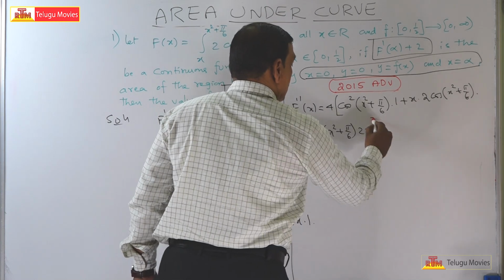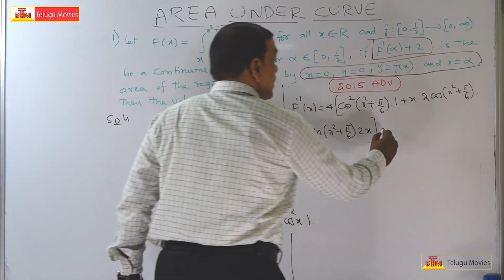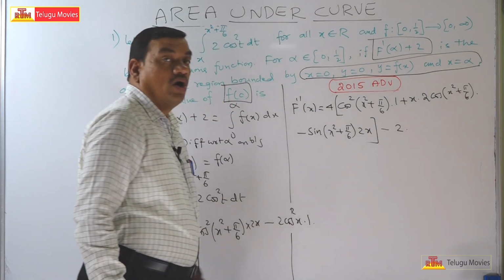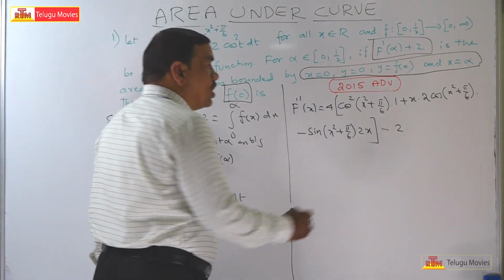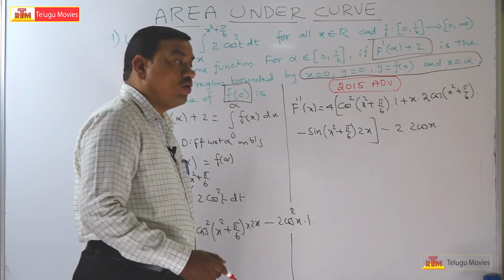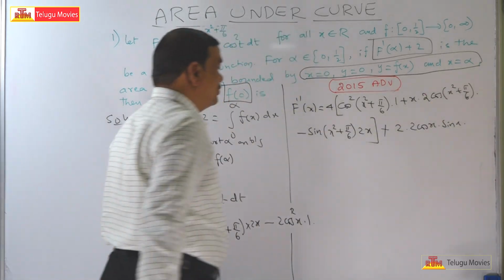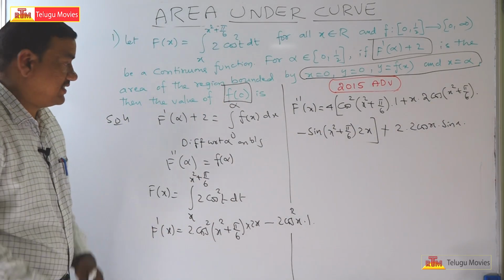Up to here is over. Minus 2 into cos square x derivative, 2 cos x, and the derivative of cos x, minus sin x, already, plus sin x. Okay, so that is F double dash of x.